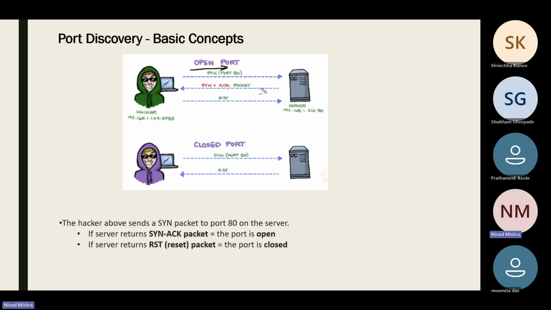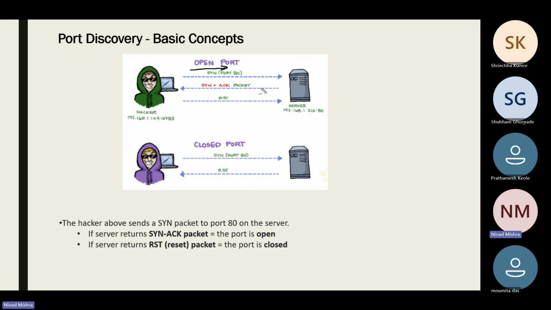How does port discovery basically work? What is the basic concept? The attacker will send a packet to check if the port is open or not. Let's say we send a SYN packet, and the server then sends out SYN plus ACK. This makes it obvious that the server is up and running and responding, so that port is also open.